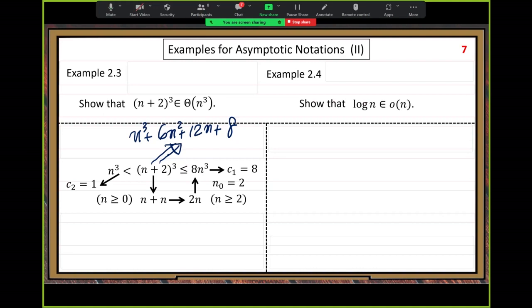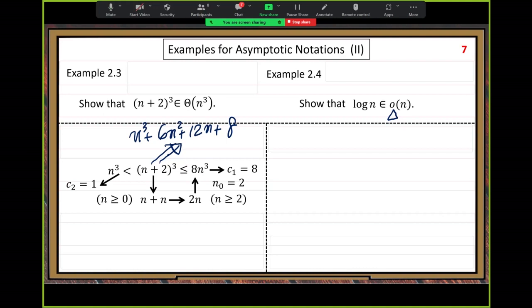Next question, this time a log function. Show that log of n belongs to little o of n. So this time we use the little o notation. Do you still remember the meaning of little o? Remember at the beginning when we talked about asymptotic notation, we had several cases, and one is little o.